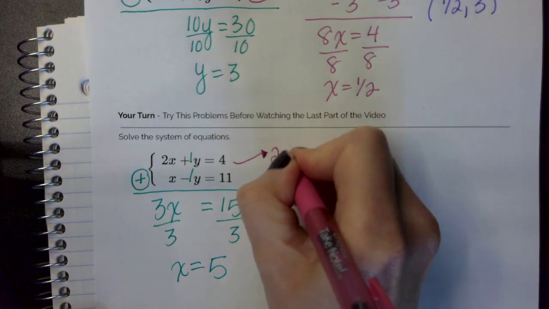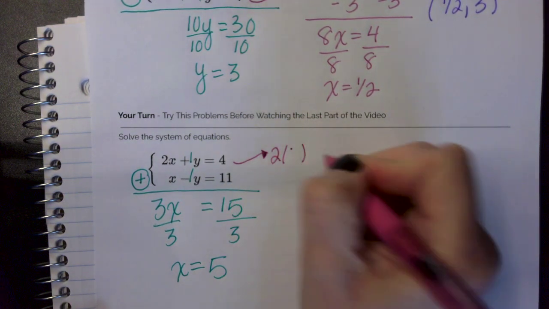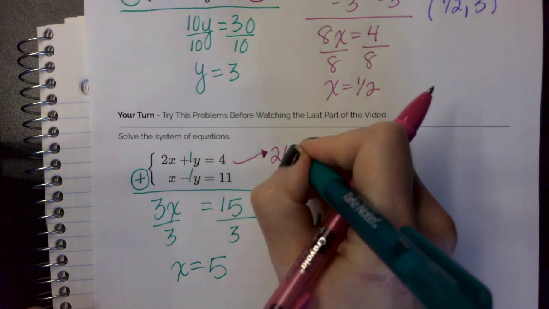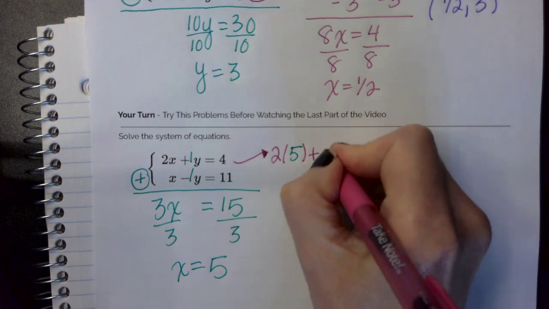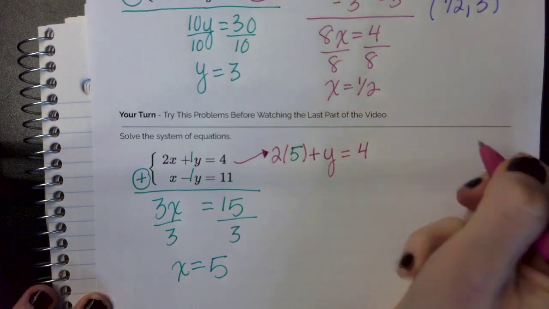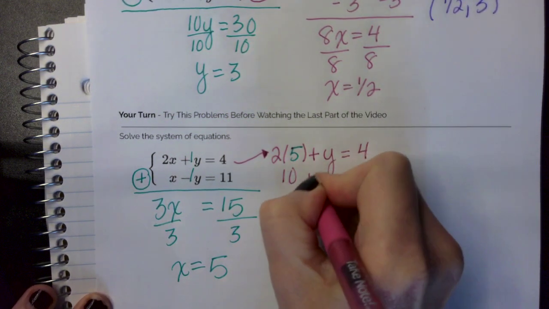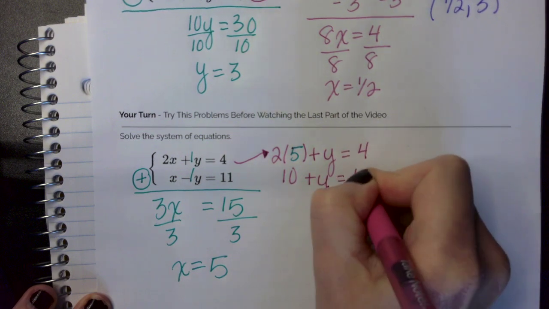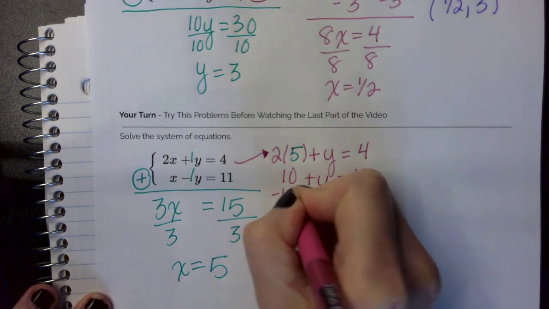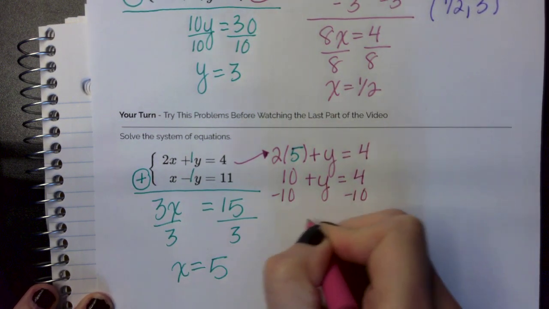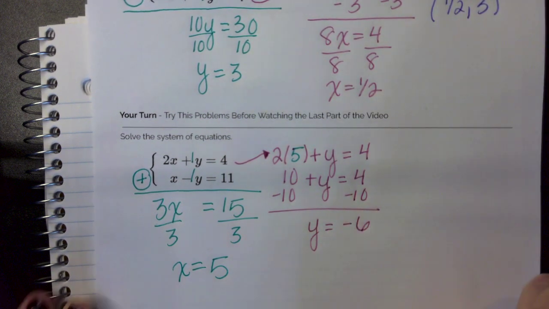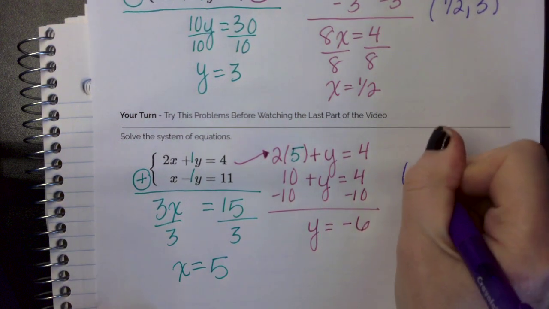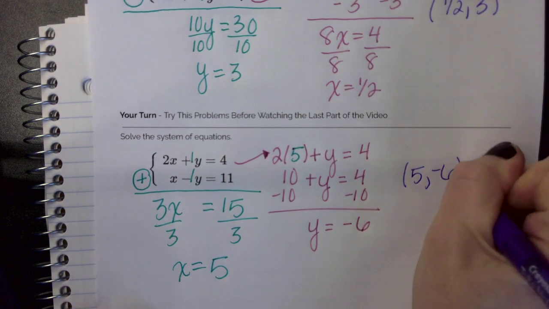I'm less likely to mess that up. 2 times the x value that I just got of 5 plus y equals 4. 10 plus y equals 4. Subtract 10 from both sides, and I get y equals -6. Therefore, my answer is (5, -6).